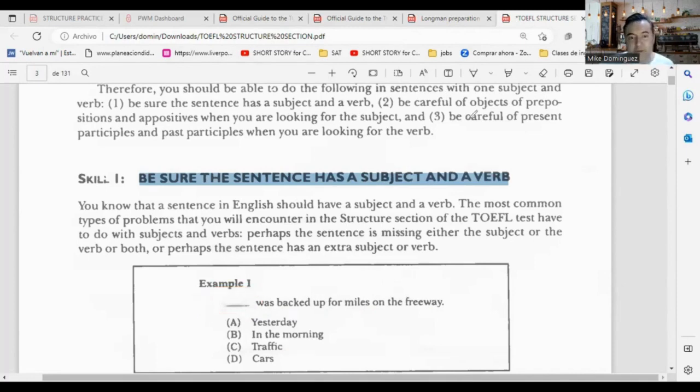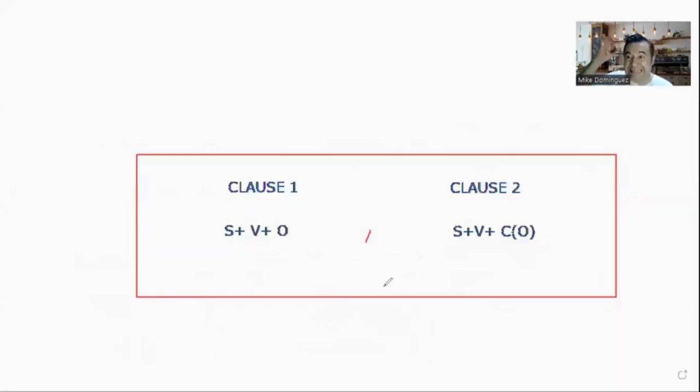Let me go back to my whiteboard. Very important: a sentence or a clause will always start with a subject. No matter what, the sentence will always start with a subject. So be aware of that.